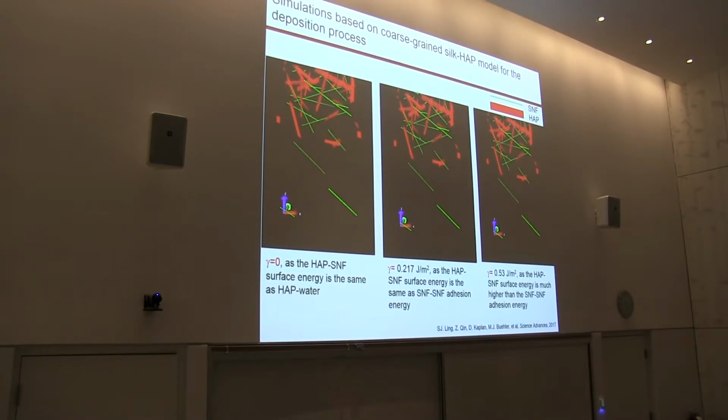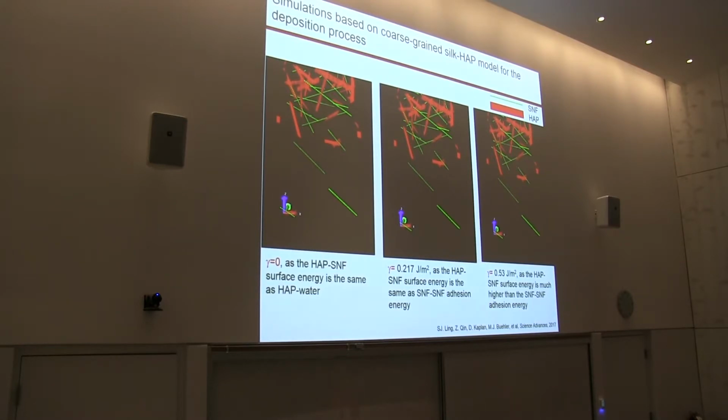So here you can see that there are 3 different simulations. They all start with the same initial geometry, but I apply different interfacial energy between the silk peptide coarse grain model and the hydroxyapatite coarse grain model.